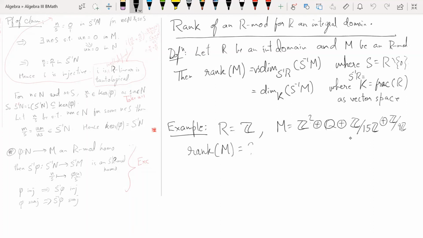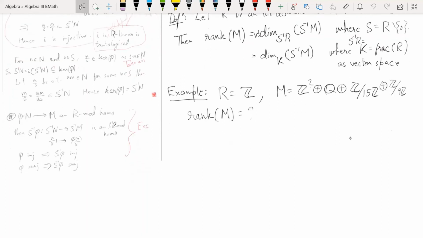If R were a field, its rank is the same as the dimension, but since R is not a field, and M may be a general module, the rank is the vector space dimension of this thing. So for instance, let's consider this ring: R is Z and M is this module. Then what is the rank of M?